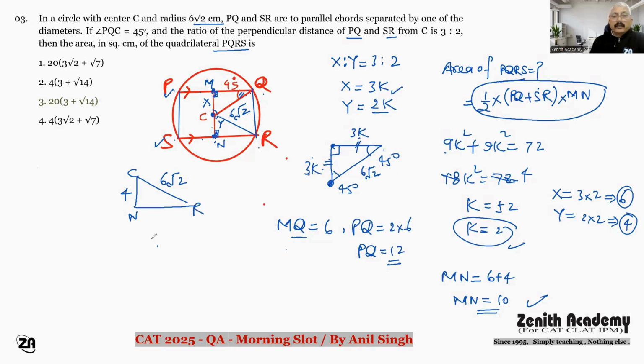NR square is equal to 6 root 2 square minus 4 square. I'm using the Pythagoras theorem, right? So 72 minus 4 square, 16, gives 56. So this is your NR square.